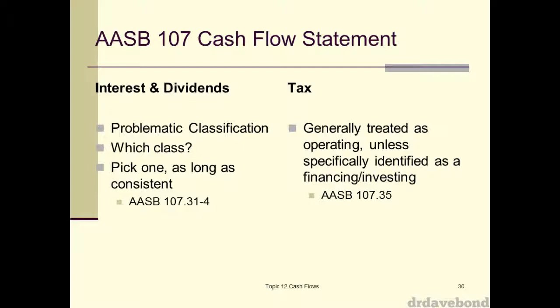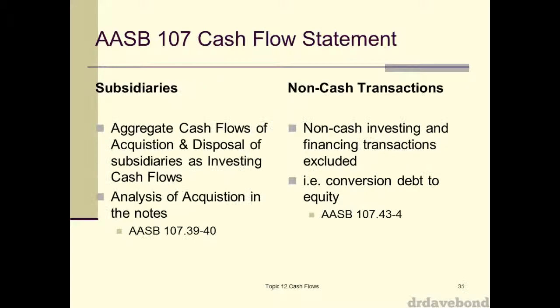So maybe that interest payment is related to investing cash flows. And the standard allows you to pick one as long as you're consistent. And that makes sense because what they're worried about is the economics of it, not necessarily that you have to do it here. Same with dividends. Tax, as they say, is generally treated as operating, so that will be the default, but it could go elsewhere.